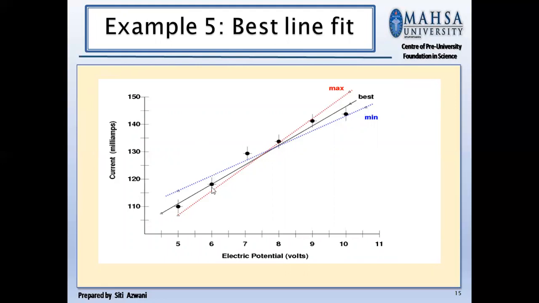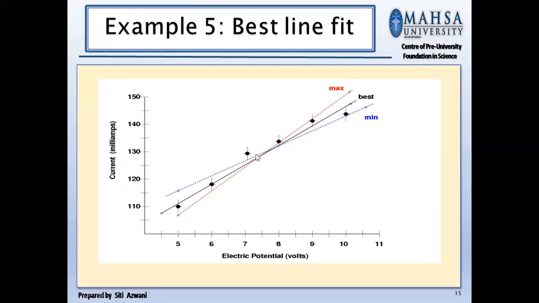Example here, draw the maximum. You can refer to the red dotted line here. This refers to the maximum because you have a maximum point here, so you need to draw a line passing through the maximum point. It becomes the maximum line, and then the minimum.